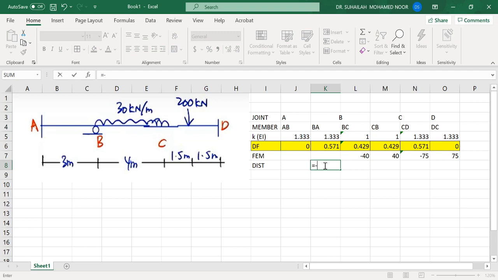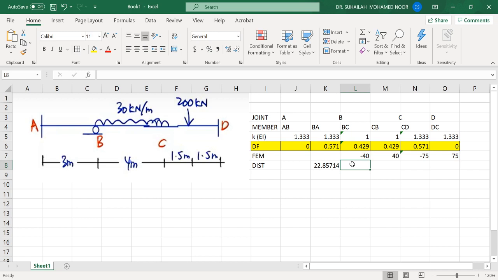The total moment at B is 0 plus negative 40, times the distribution factor 0.571, with a dollar sign to lock this one. So we get 22.857.